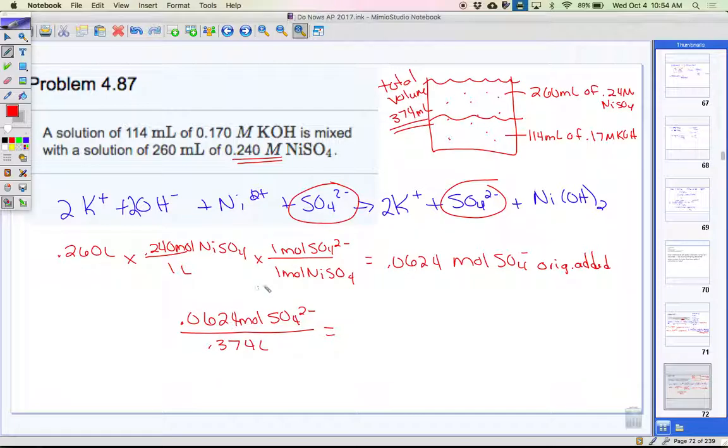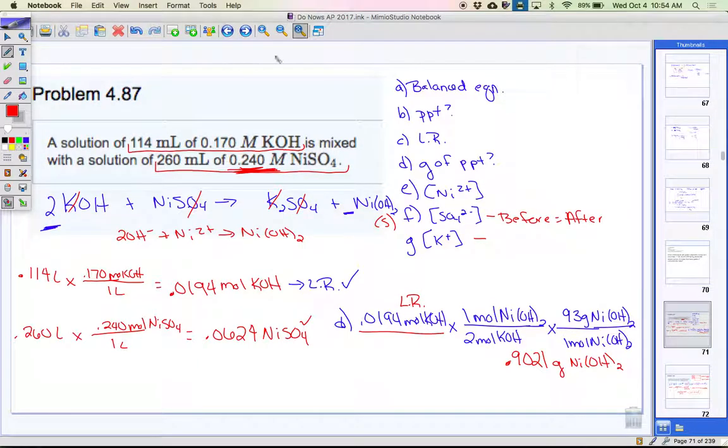Okay, so what's the molarity of the SO4? Okay, so then that's the concentration of the SO4. Now you do the K plus.